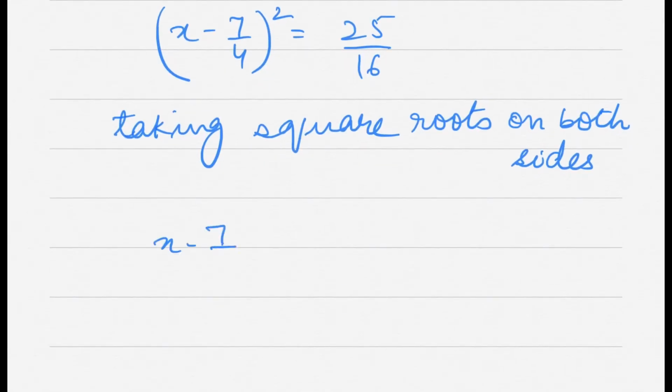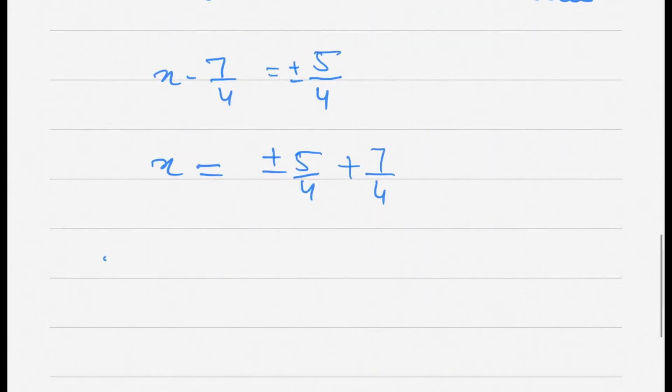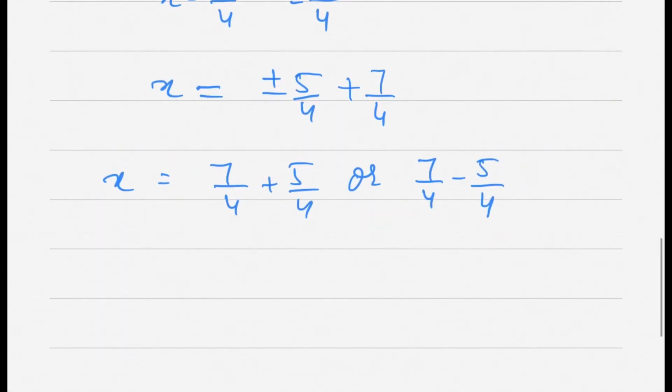I'll get x minus 7 by 4 is equal to plus minus 5 by 4, because we found out the square root. So x is equal to plus minus 5 by 4 plus 7 by 4. So my x would be equal to 7 by 4 plus 5 by 4, or it would be equal to 7 by 4 minus 5 by 4.